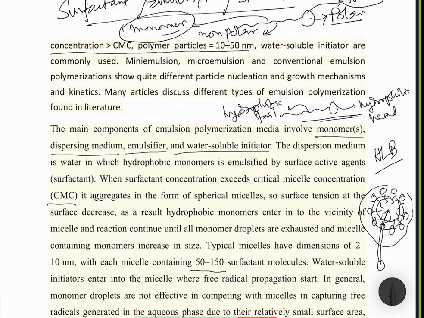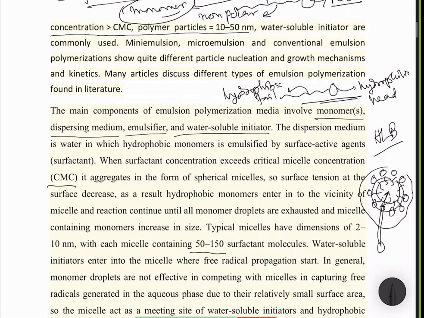Cationic means bearing the positive charge, for example cetyl trimethyl ammonium bromide, CTAB, or it could be anionic like sodium lauryl sulfate, which bears a negative charge. And if it is non-ionic, then it does not bear any charge.